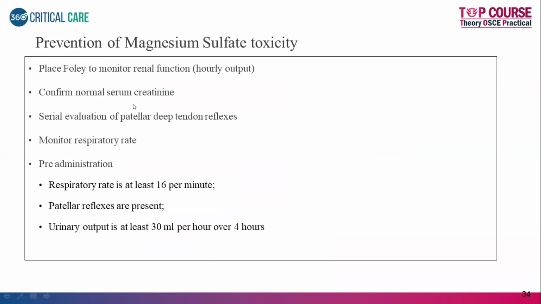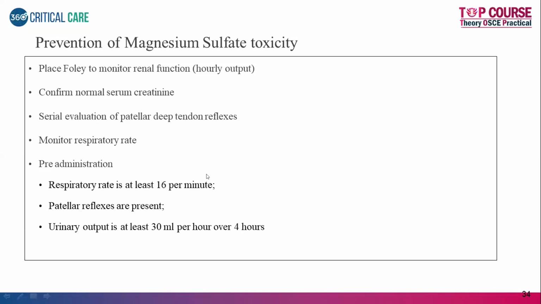Then check two important things: your deep tendon reflexes and your respiratory rate. Pre-administration respiratory rate should be at least 16 per minute, patellar reflexes should be present, and urine output should be at least 30 ml per hour over 4 hours. If you meet these criteria, then you can safely start your magnesium sulfate infusion.